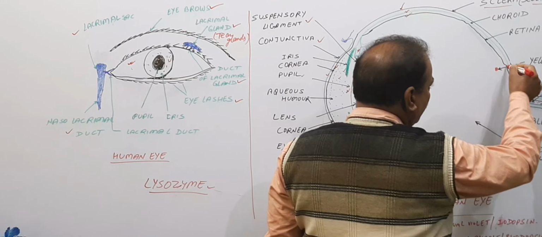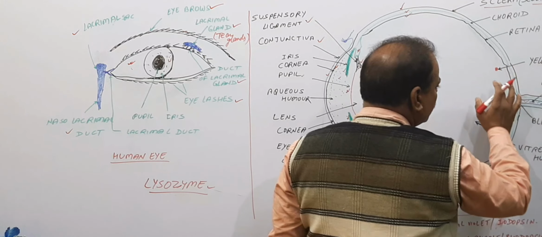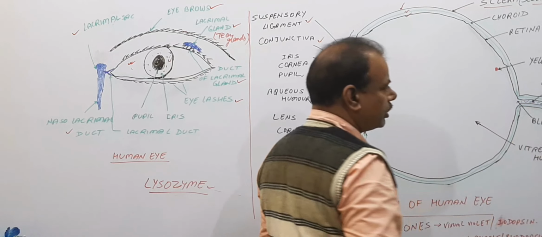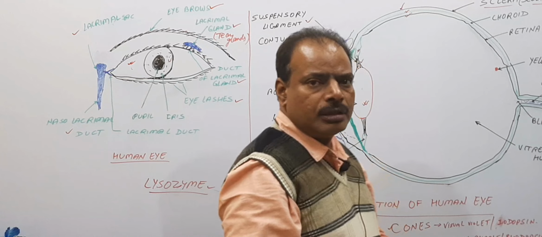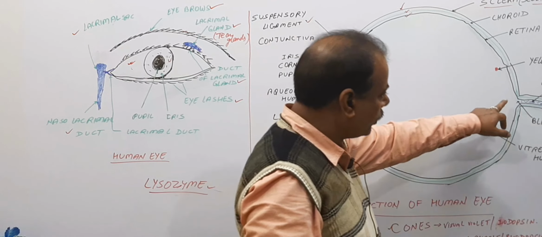After the yellow spot, there is a blind spot, located laterally just below the yellow spot on the retina.